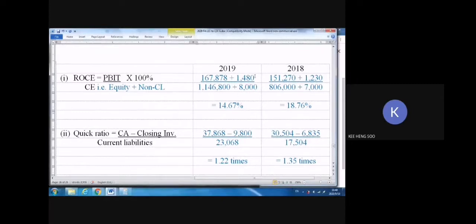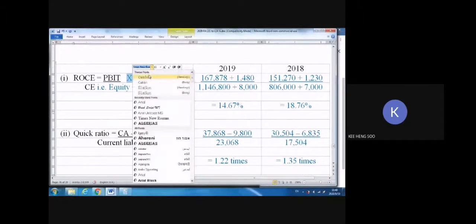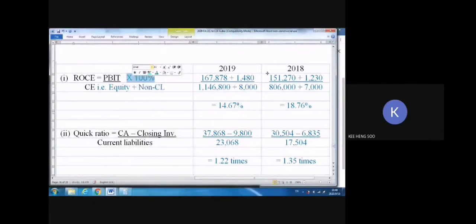This one I got not enough space. You can times 100 by yourself. Remember that? I forgot to write down your answer, not enough space also. So you go and times 100, the whole figure times 100.